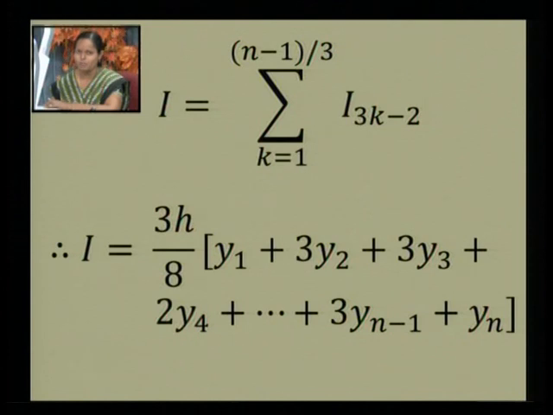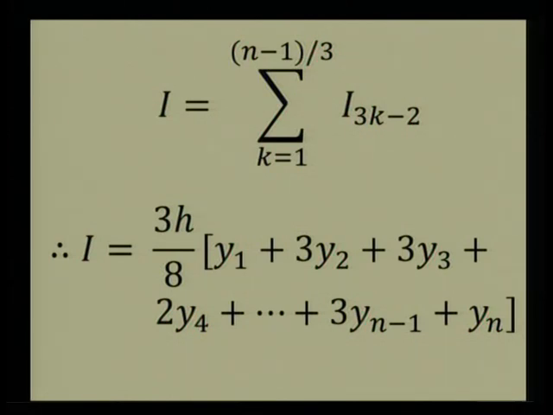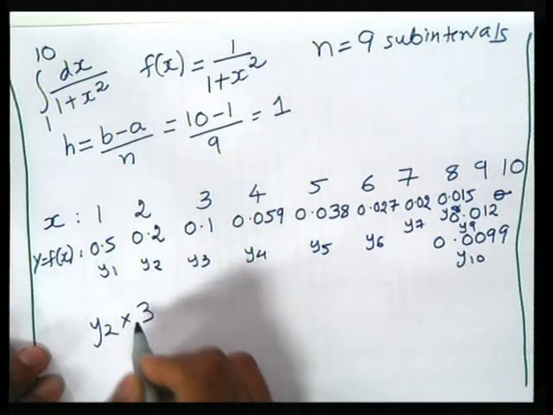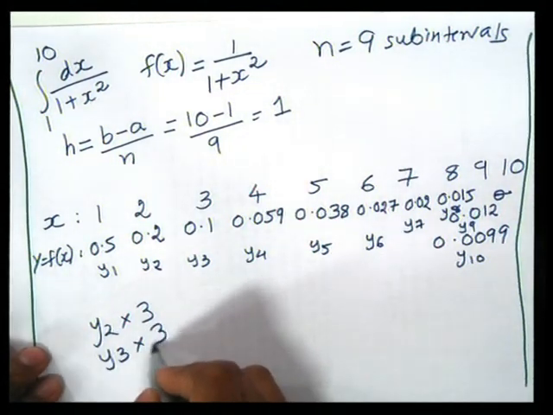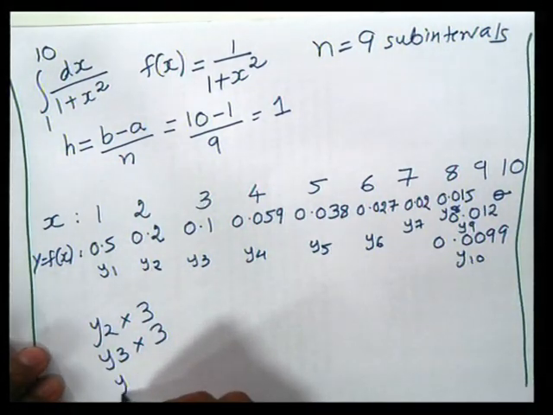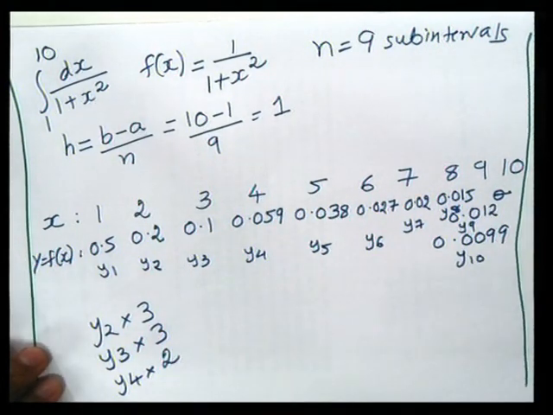In Simpson's 1/3 rule, we took the coefficients to be 4, 2, 4, 2 and so on, continuing. Now, in Simpson's 3/8 rule, we will be taking it as 3, 3, 2. That is, y2 has to be multiplied by 3. Next number, y3, I have to multiply by 3. y4, I will be multiplying by 2.